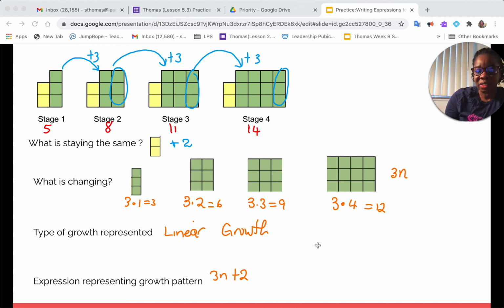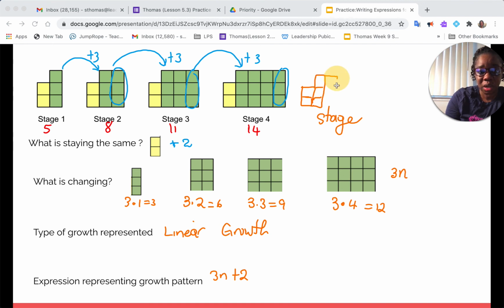And then they asked us about the 5th stage, so stage 5. What would we end up getting for stage 5? We're going to get 2 of those yellow pieces, and then that's going to grow. So we're going to have 5 of these.